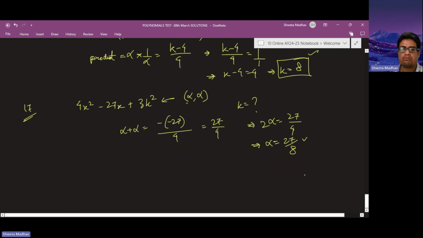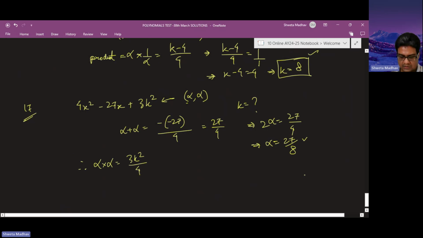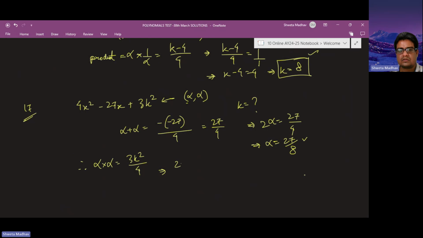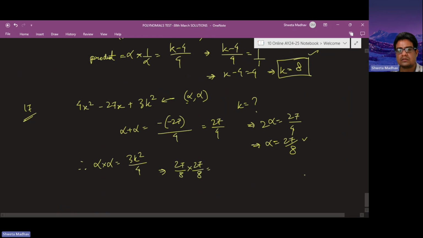So each of the zeros is 27 by 8. So then the product of the zeros, alpha into alpha, is equal to c by a, which is 3k square by 4. So alpha into alpha means 27 by 8 into 27 by 8, that is equal to 3k square by 4.